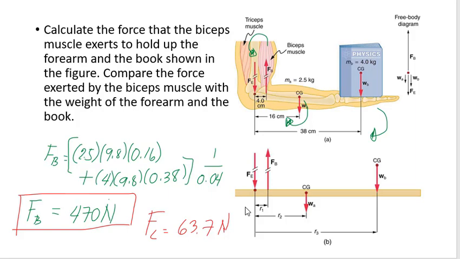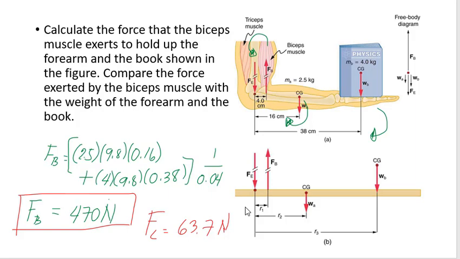So you can see here that with that particular load, the biceps muscle has to exert a great amount of force so that you can balance it. There is a tension in your biceps muscle amounting to 470 newtons to balance the arm holding the physics book.